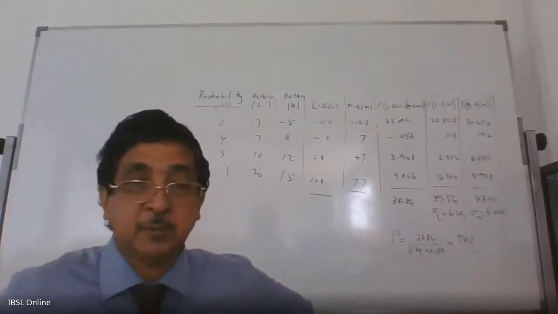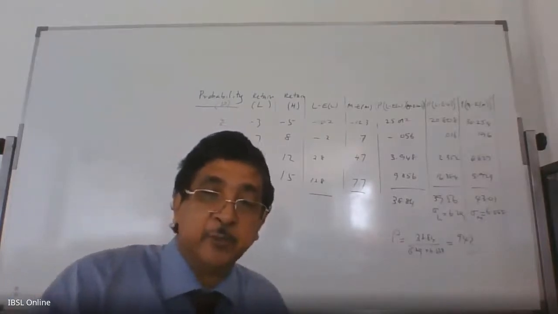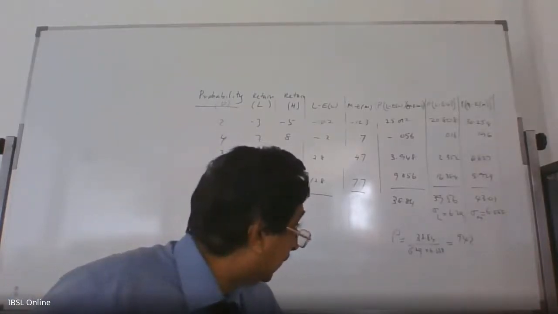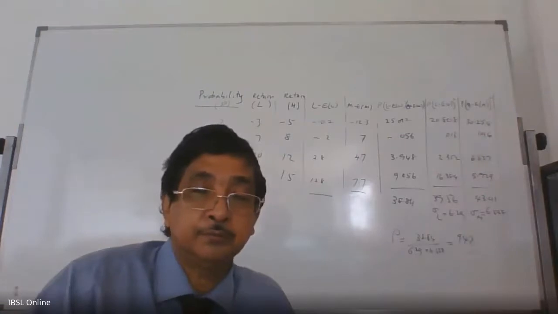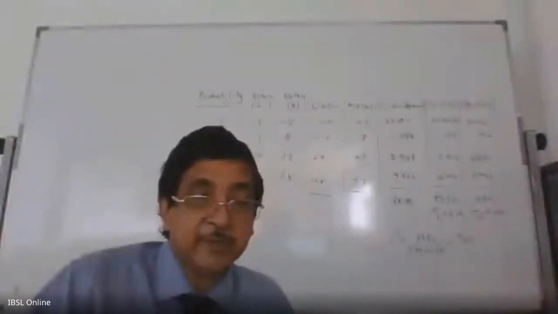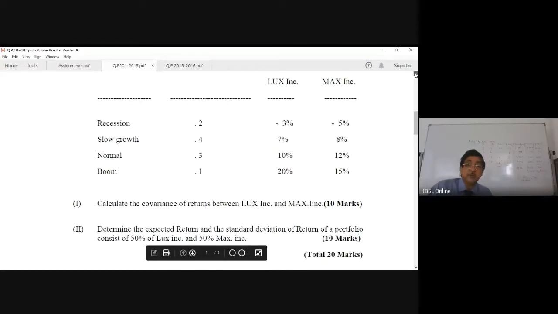But the second part of the question would be a little different. You need all these details to calculate the last part. Now, determine the expected return and the standard deviation of return of a portfolio consisting of 50% of lux and 50% of max. How are we going to do that?